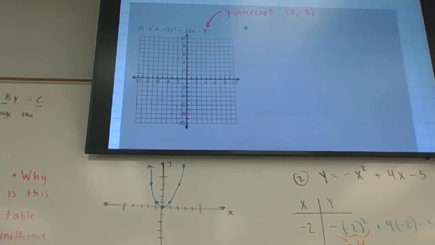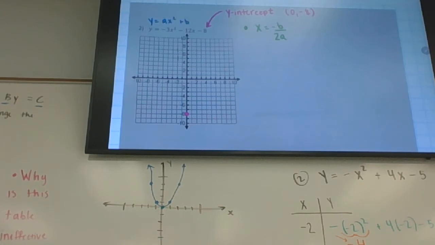Alex R., what's our next move? After Y-intercept, take out A, B, and C and find the vertex. Let's do our formula for axis of symmetry, negative b over 2a. Grace, do you think that you can identify A, B, and C?